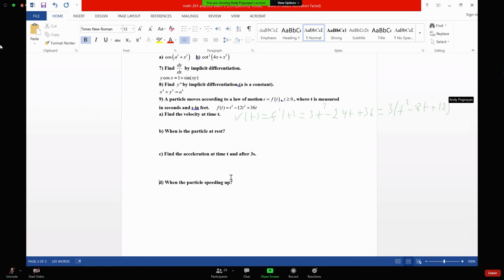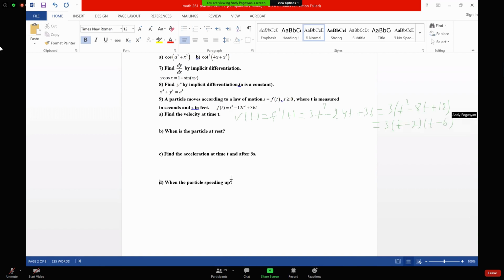So 3t squared, 24t plus 36. 3 times 8, 3 times 12. This one can even be factored into 3 times t minus 2, t minus 6.